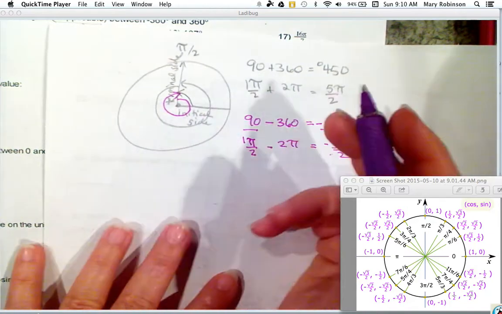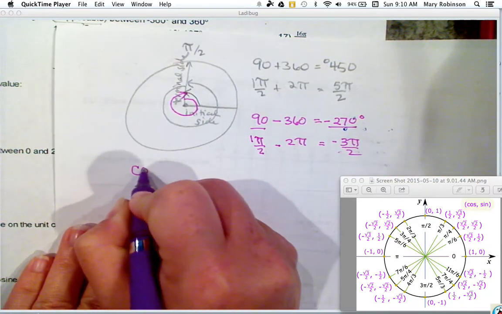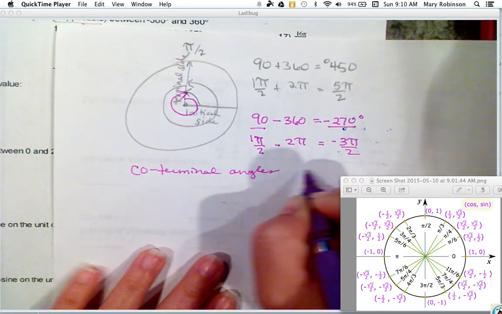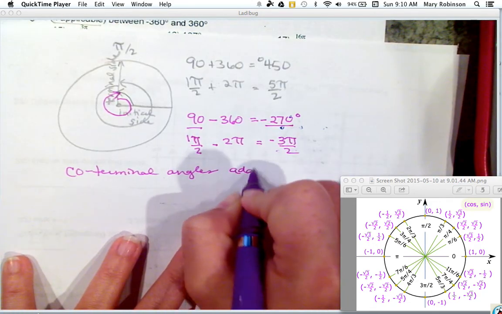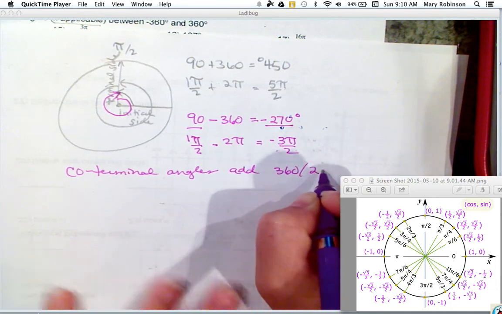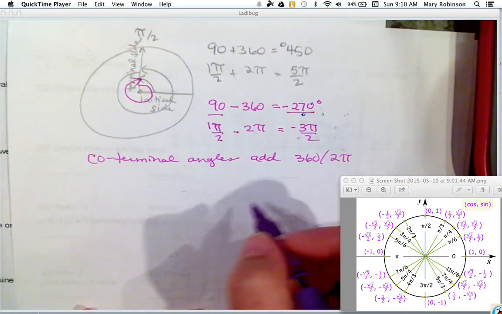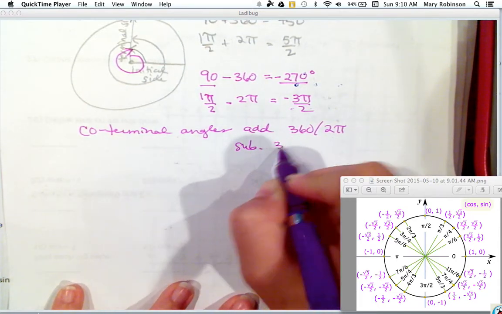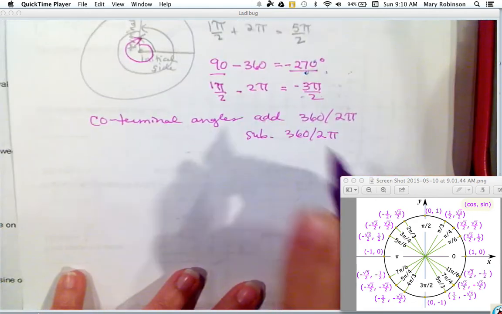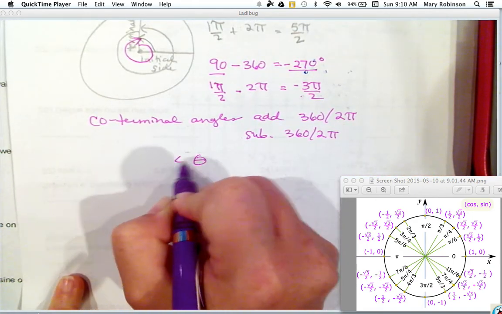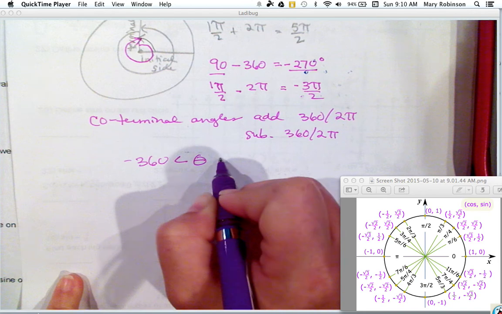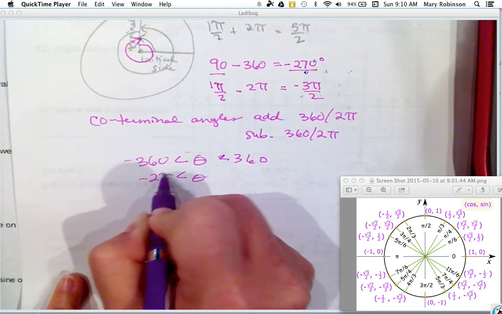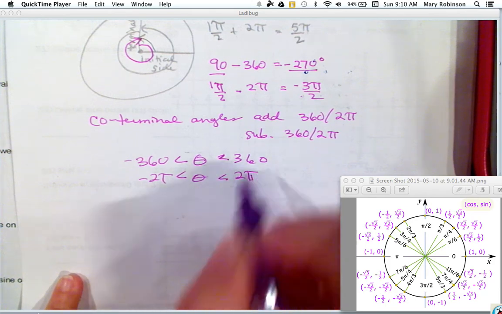So basically, to find coterminal angles, we add 360 or 2 pi if it's in radians, and we can subtract 360 or 2 pi. So our job is to find those angle measures that are in between negative 360 and 360, or negative 2 pi and 2 pi.